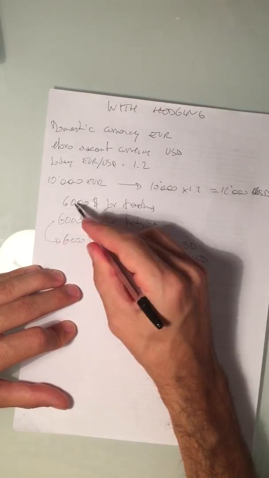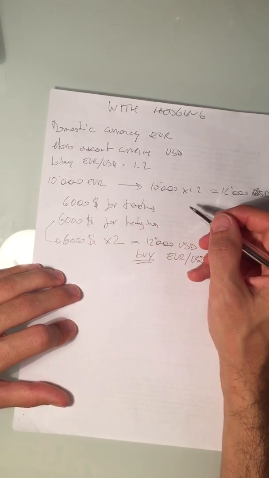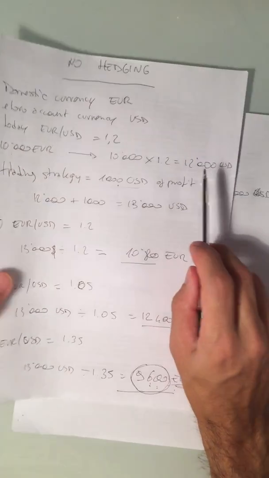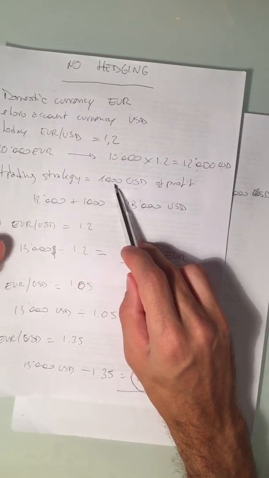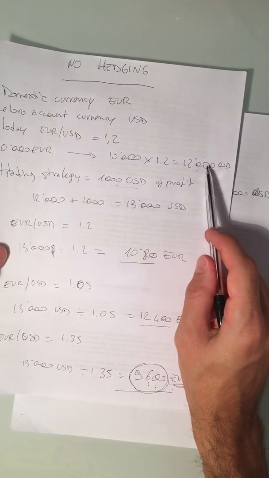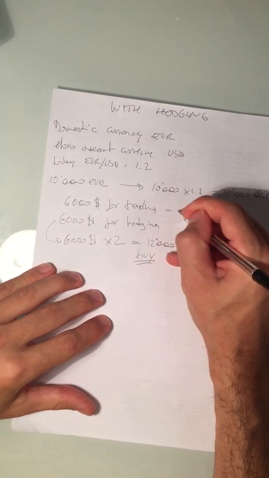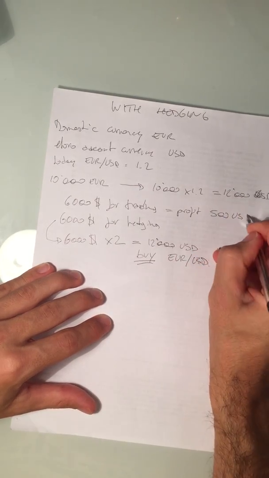Okay, with the other $6,000 you do the same strategy as before. So before, with 12,000 US dollars you gained 1,000. Now with the half you will gain the half. So with 6,000, the profit will be 500.